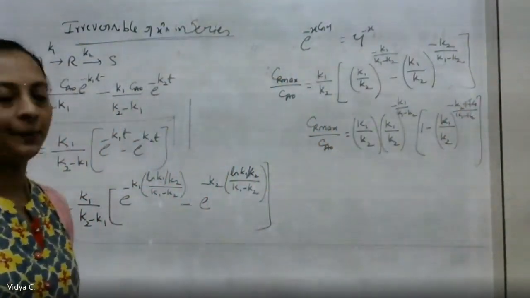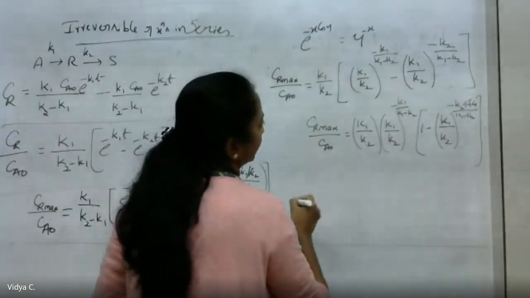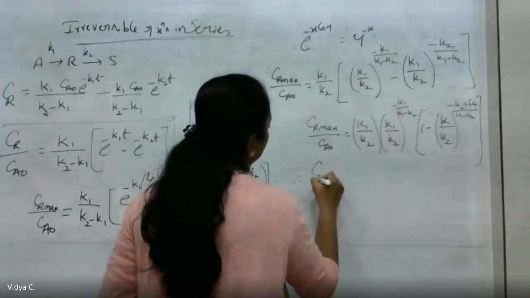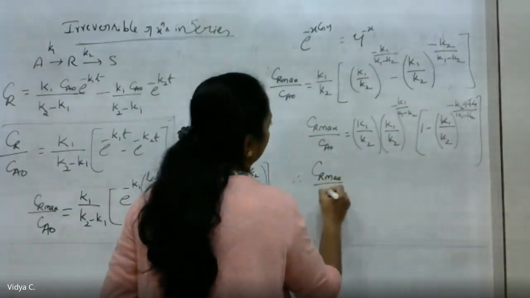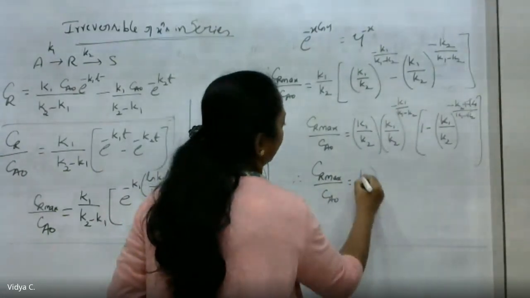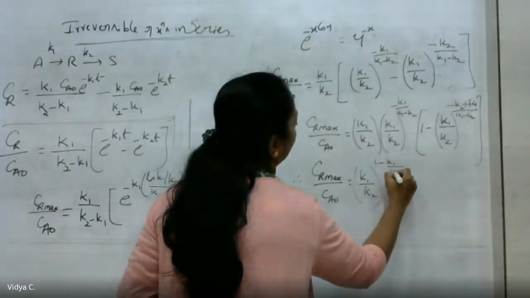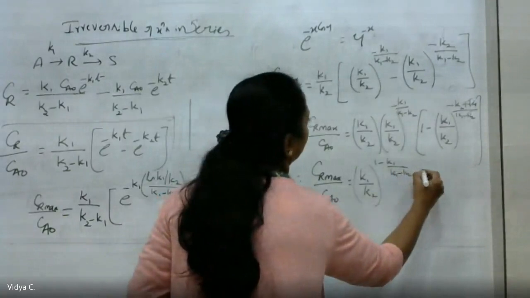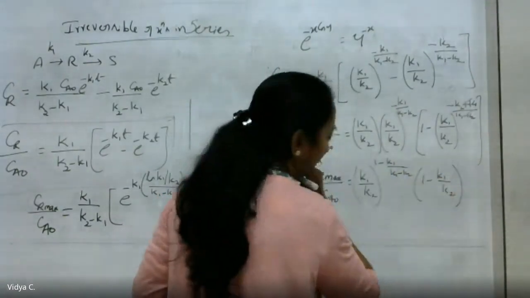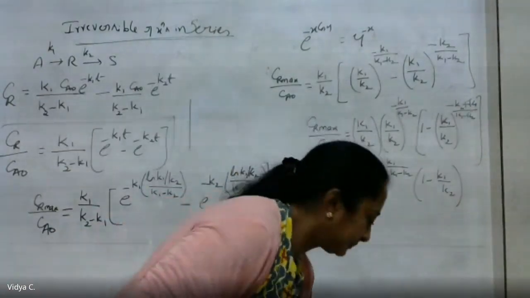It cancels, okay. So what am I left with now? Cancels, and this is stuck. So therefore, CR max by CA0 is equal to K1 by K2 1 minus K1 by K1 minus K2 into 1 minus K1 by K2. Okay? Yes. Note that.